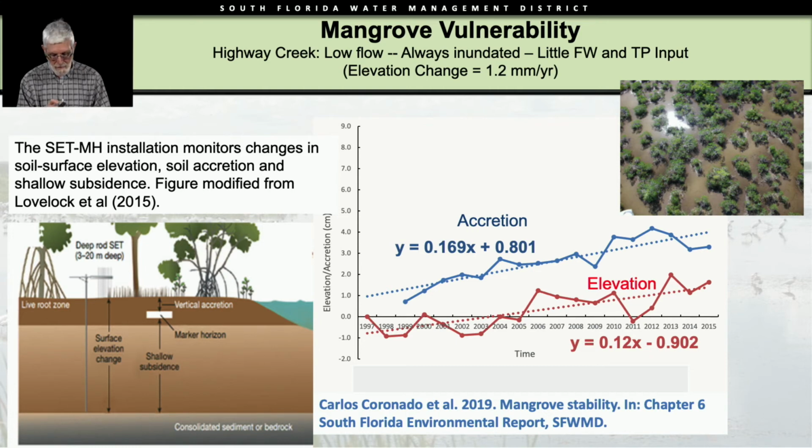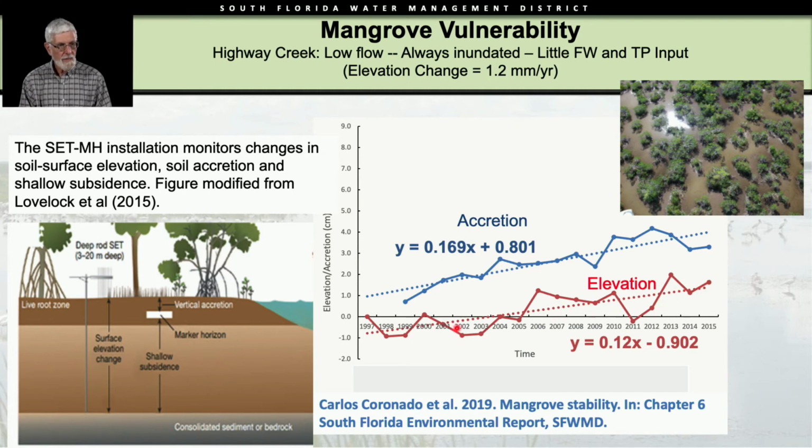And what we see, by using the sediment elevation table and marker horizons here in mangroves, where we look at deposition on top of a marker horizon, and we use the SET to establish elevation change, is that in areas like the white zone, where there is no low flow, it's always inundated, there's little fresh water and little total phosphorus input, since 1997, those type of environments have only been accreting 1.2 millimeters per year. I shouldn't say accreting, I should say elevation change.